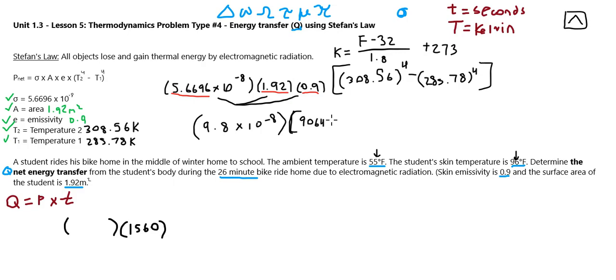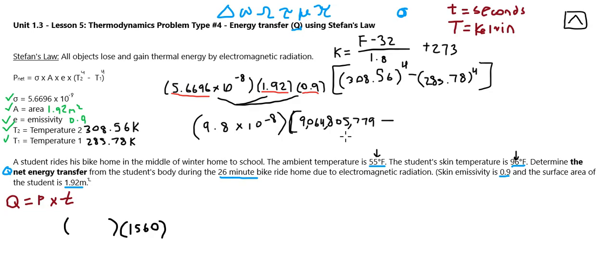I'm going to make sure I do this right. So it is 9,064,805,779. And the number will not stay that big for long, don't worry.